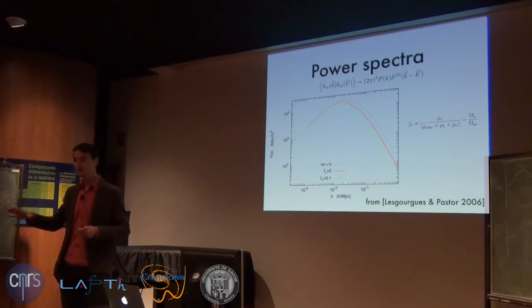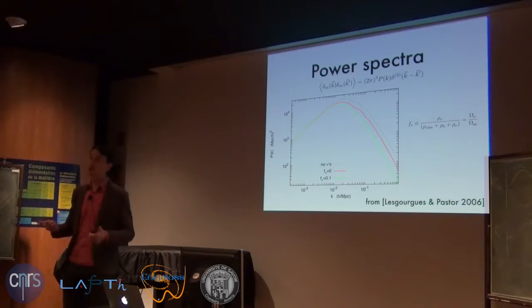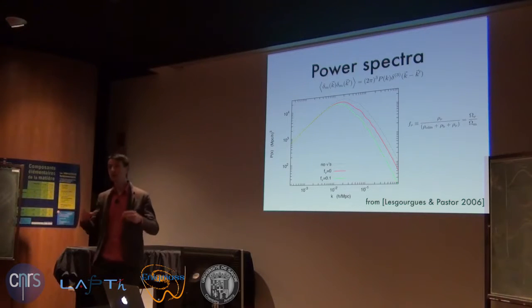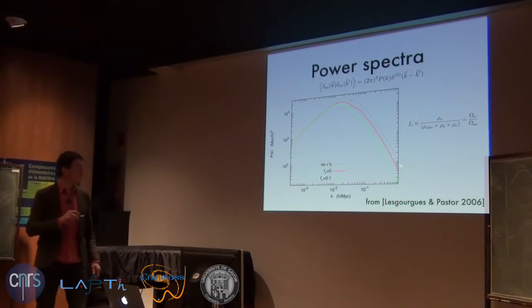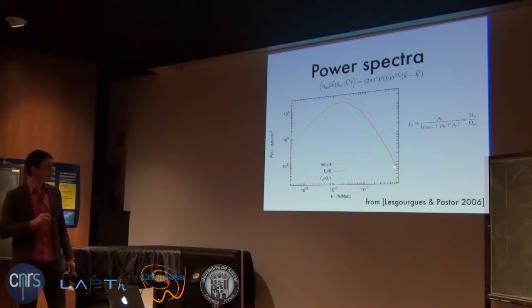If you have only matter, clustering and expansion rate are described by the matter and structure grows. If you replace a little bit of the matter by radiation, clustering is described by less matter and expansion rate is described by matter plus radiation. So the growth is slowed down. Now the point of neutrinos is that when they are massless and you replace part of the matter by massless neutrinos, you see exactly that they decrease the growth of matter because the amplitude in the matter perturbations on small scales is simply lower.